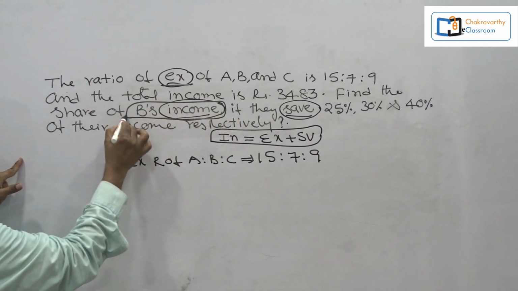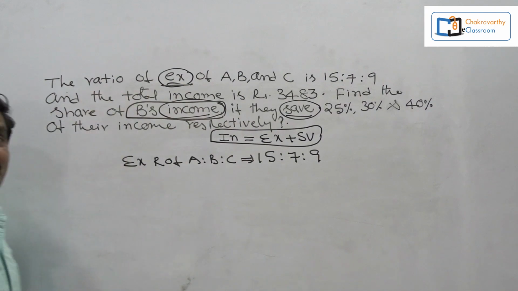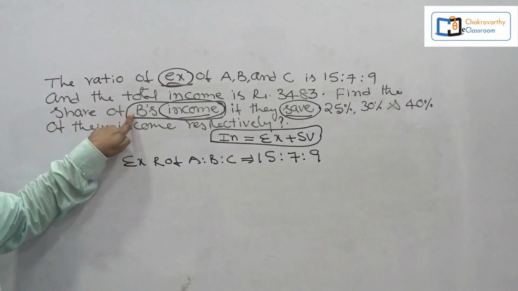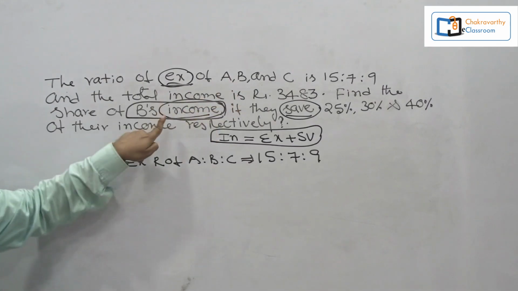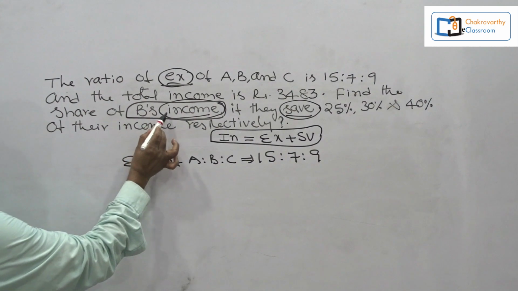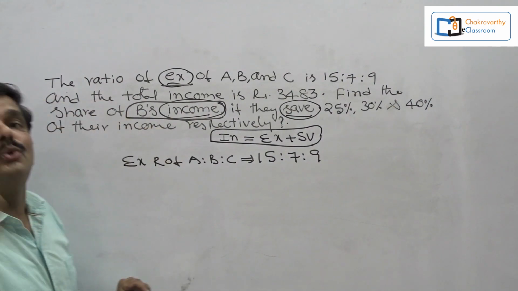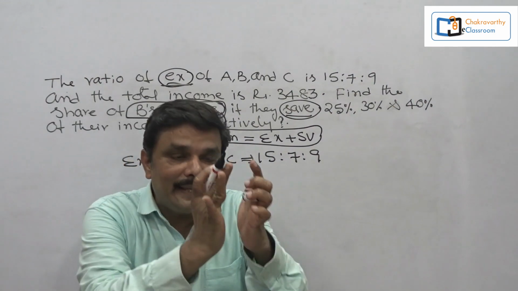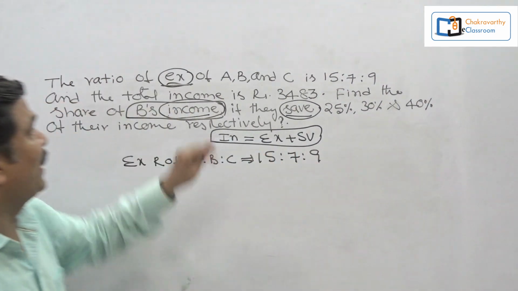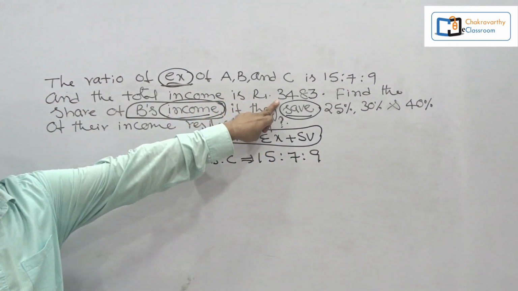Ratio is given, expenditure ratio, but they are asking share of B's income. To find the share of B's income, you should know the income ratio of A, B and C. Only then you can divide this income, right?